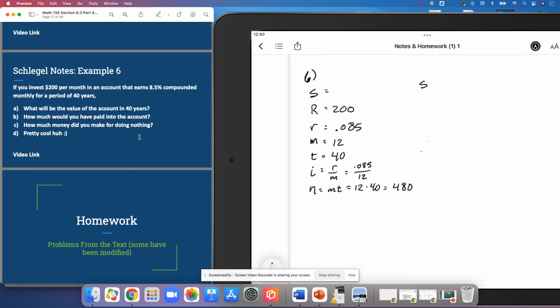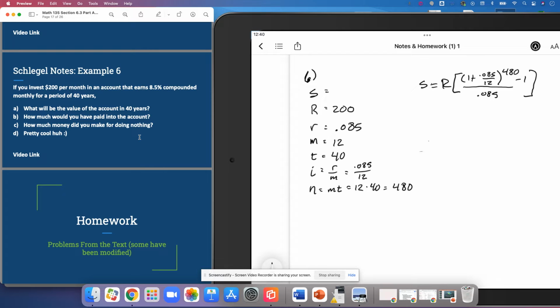And so our formula is going to look super fun. We're going to have 1 plus I, which is 0.085 over 12, to the power of 480, over 0.085. And I forgot the minus 1.